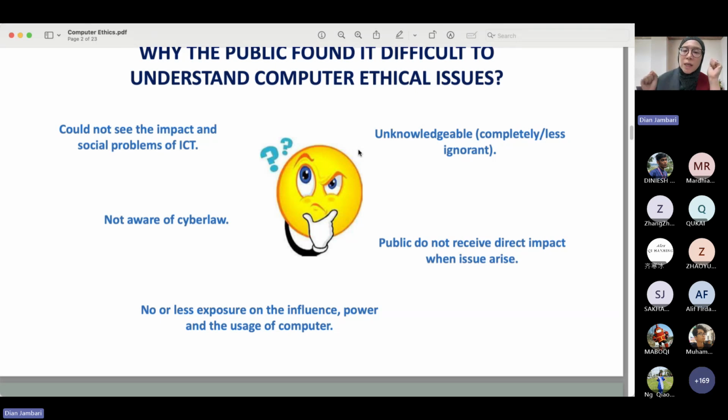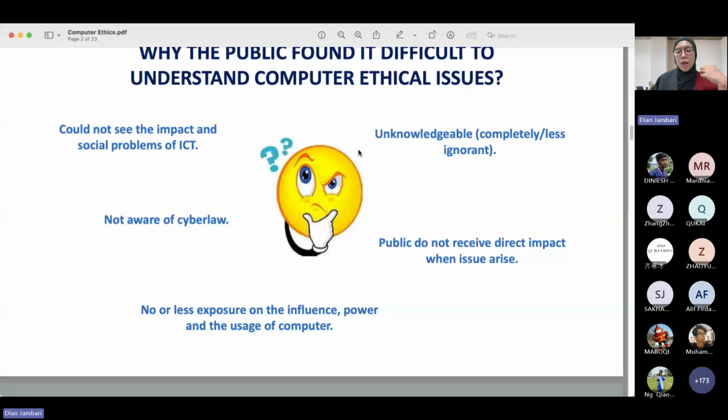Again, we have to bear in mind these are difficulties affecting individuals or communities that are not ICT experts like all of us. So we may find it unrealistic that there are people who are not exposed to the use of computers.